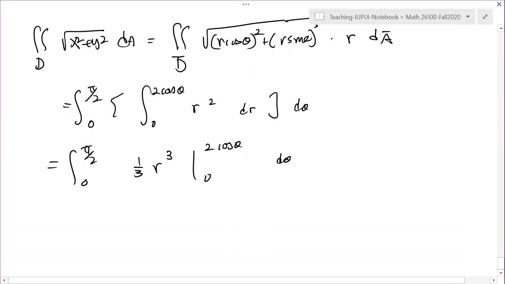And actually I get 2 cubed, 8 over 3. So we end up with this.